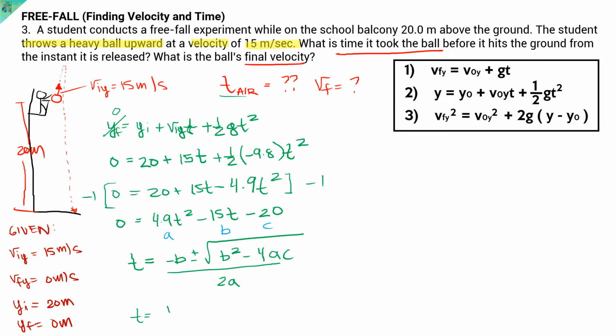We're going to have a positive 15, plus or minus the square root of b squared, so that's still 15 squared, minus 4, a is 4.9, multiplied by c, and our c is negative 20, over 2a, and our a is 4.9.